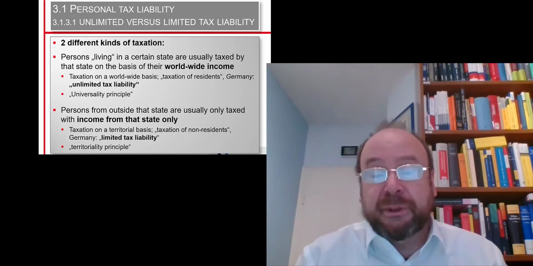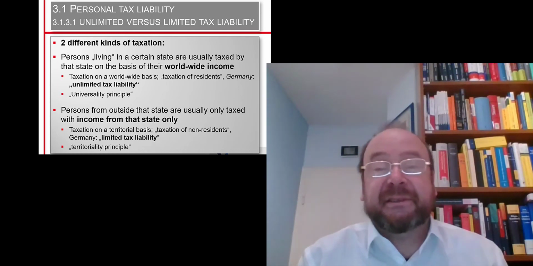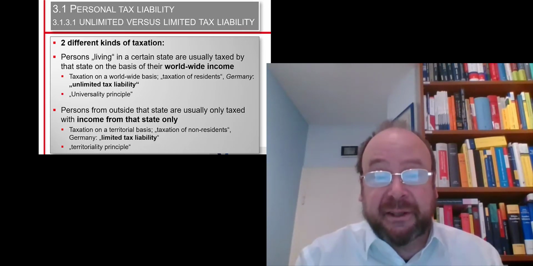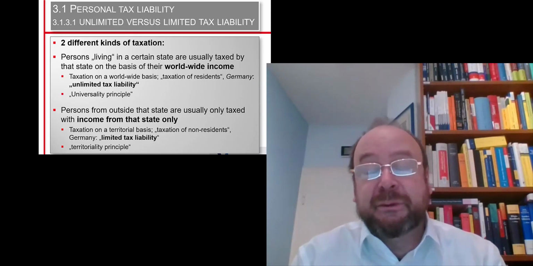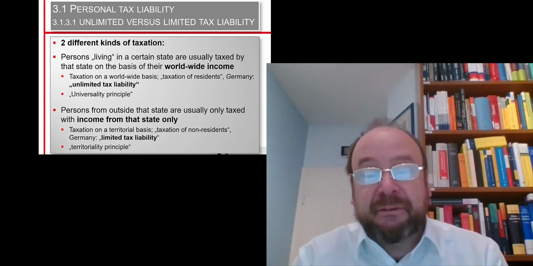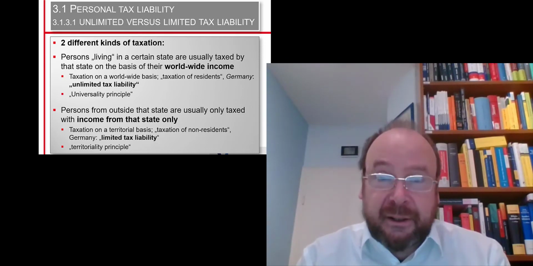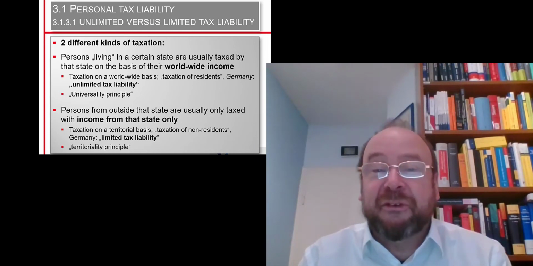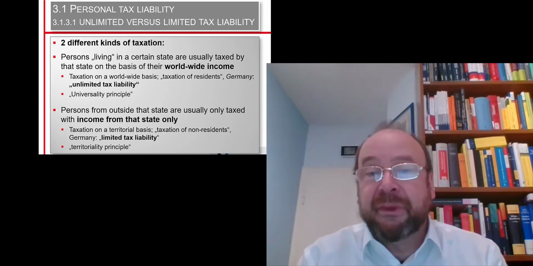Now, why don't we take over for our purposes the expression resident taxation, as the English-speaking countries do? And the answer is simple. I wanted to remain as close as possible to the German terminology. And the second thing is, if I now speak of unlimited tax liability somewhere, you directly know in which movie you are, that you now are talking about German law. If we used the same terms for every different nation, then the problem would be you would probably mix it all up.